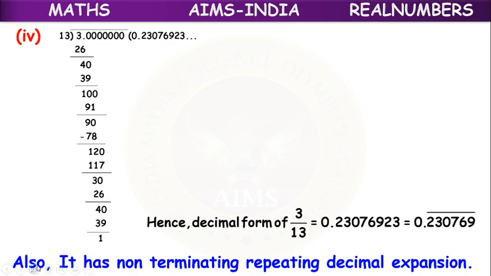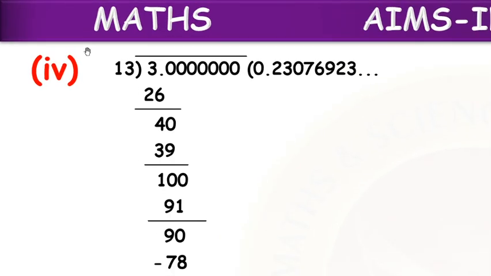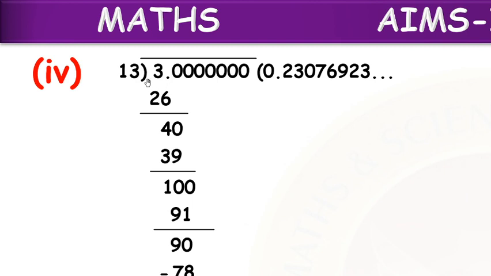Next. So observe here, children. With 13 we are dividing 3. 3 is not divisible by 13. So we can keep 0 point. It will become 30. 13 2 times 26. 4 is remaining.